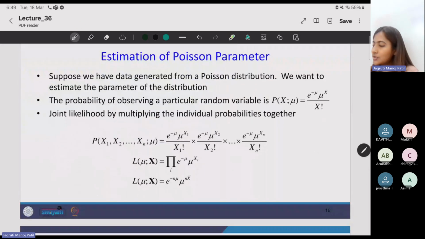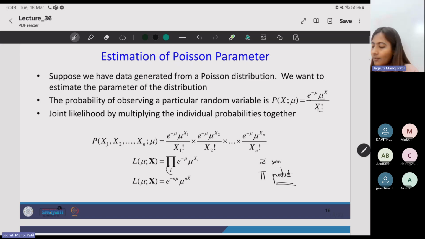The Poisson distribution, all of you know, is e raised to minus mu, mu raised to x, where mu is our mean, divided by x factorial. If this is done for n variables, we write x1, x2, till xn. All of this is nothing but a product of all of them. So we have a sign of sum and a sign of product.